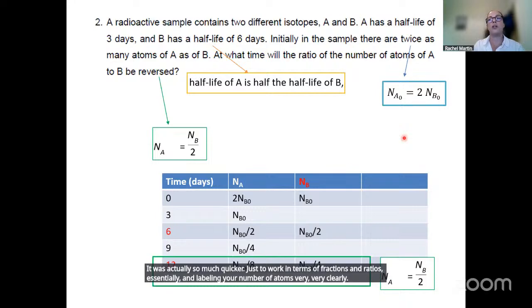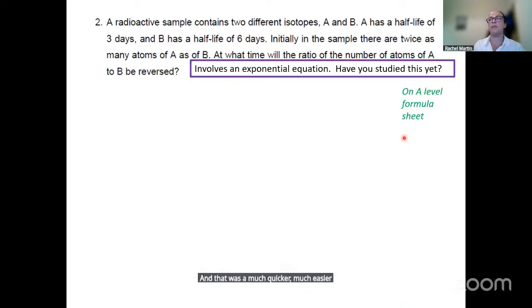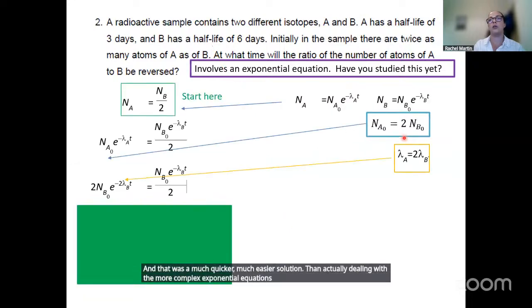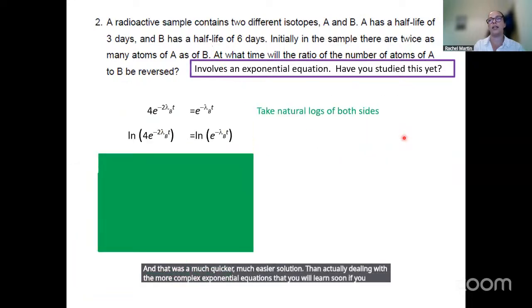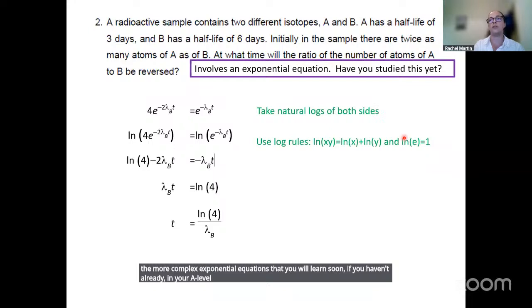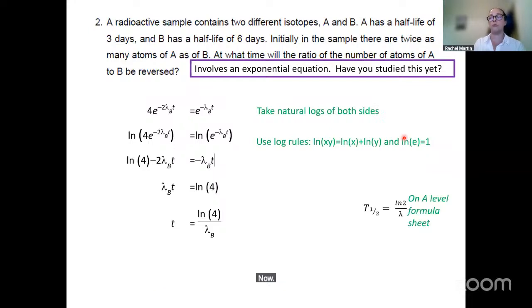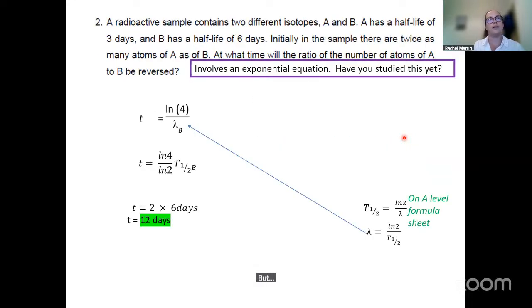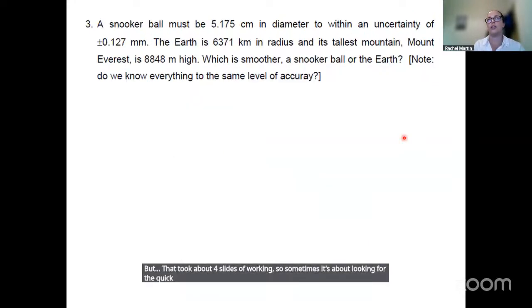That was a much quicker, much easier solution than dealing with the more complex exponential equations that you will learn soon, if you haven't already, in your A-level course, and log rules. Now, you do sometimes need to use log rules in the PAT, check the specification, but that took about 4 slides of working. So sometimes it's about looking for the quicker solution.